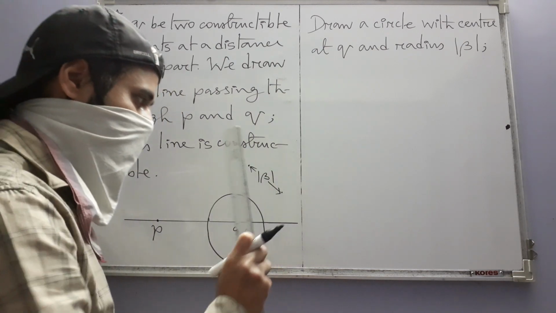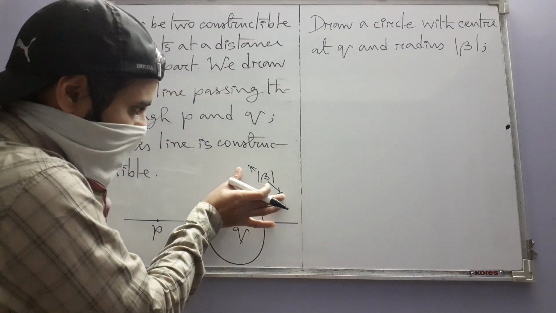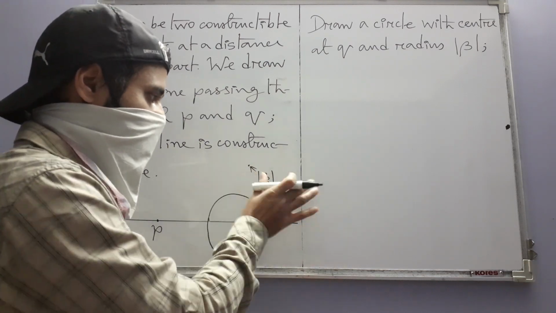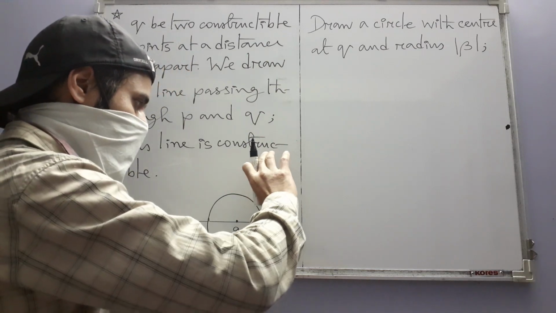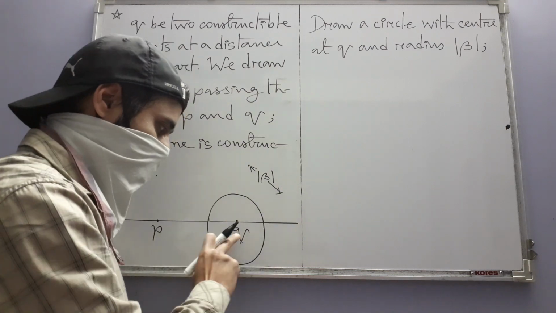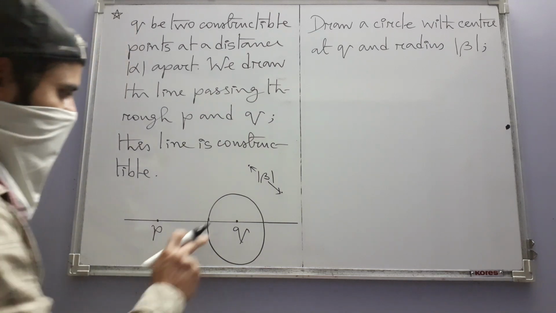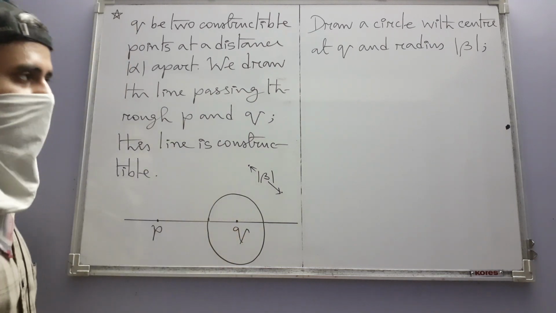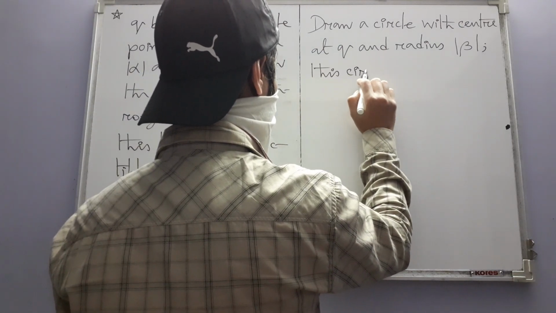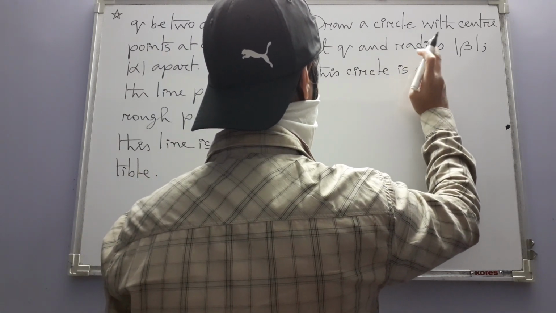And by compass and straightedge operation B, the second one, we can take the compass radius equal to this distance between these 2 constructible numbers, and we can draw a circle anywhere on the plane with that radius. We have chosen to draw that circle with Q as the center. So that means this circle is a constructible circle.